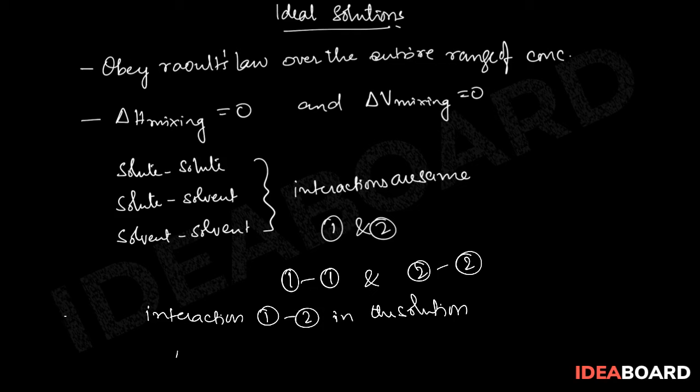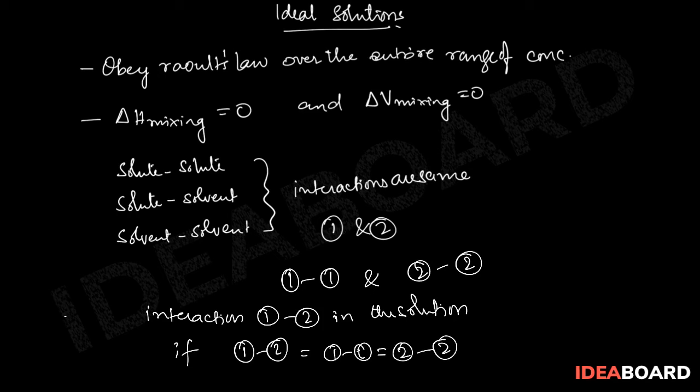So now if the interaction between 1 and 2 is the same or almost the same as that of 1,1 and 2,2, so if all these three interactions are at least equal or almost the same, then the solution becomes an ideal solution.